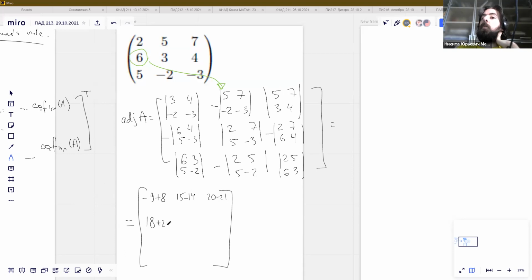Plus 20, plus, because here we have a minus and this goes with a minus. Minus 6 minus 35. Minus 8 plus 42. Minus 12 minus 15. Plus 4 and plus 25. 6 minus 30.